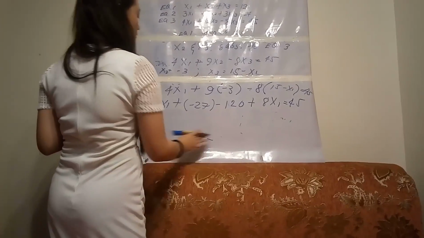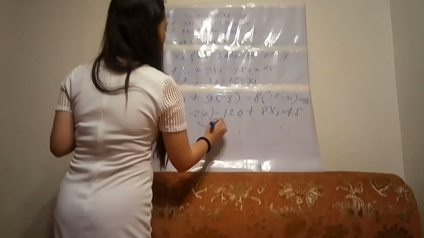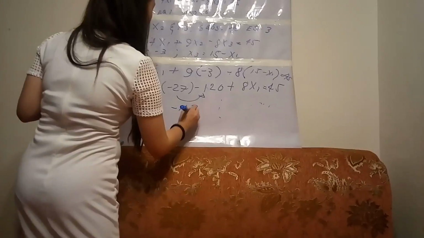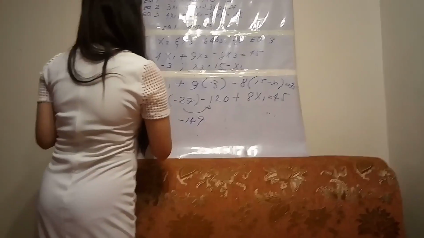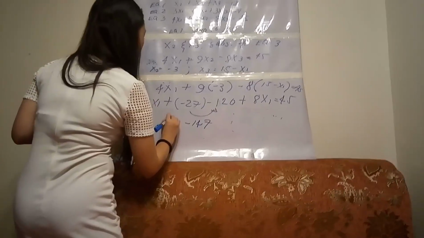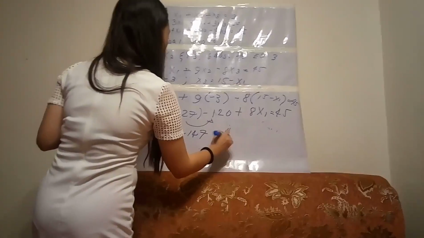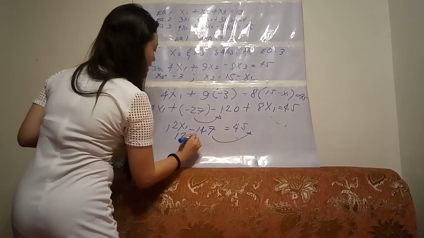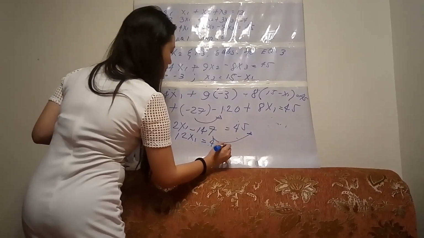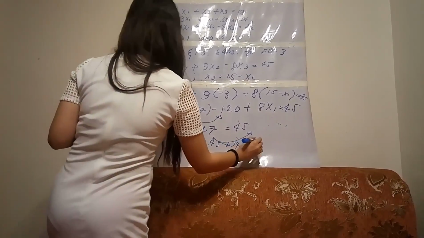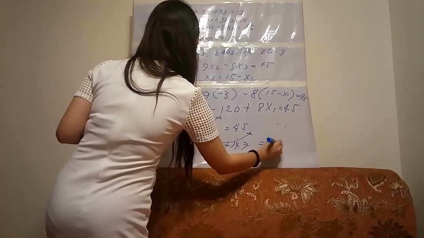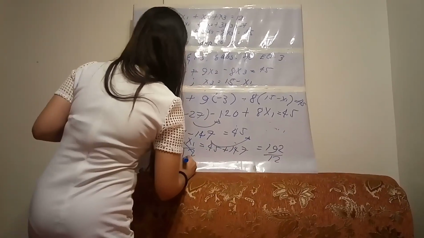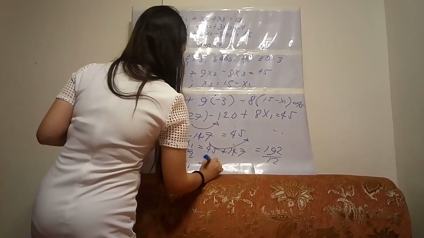After that, you can combine the constants, which is equal to negative 147, and then combine the values of x, which is 12x1 equal to 45. Transpose this one to the other side of the equation, it will be 12x1 equal to 45 plus 147, which will be equal to 192. All over 12, x1 will be equal to 16.